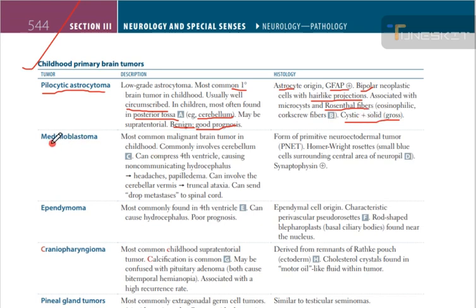The next is medulloblastoma, the most common malignant brain tumor. It commonly involves the cerebellum and can compress the fourth ventricle, causing non-communicating or obstructive hydrocephalus.